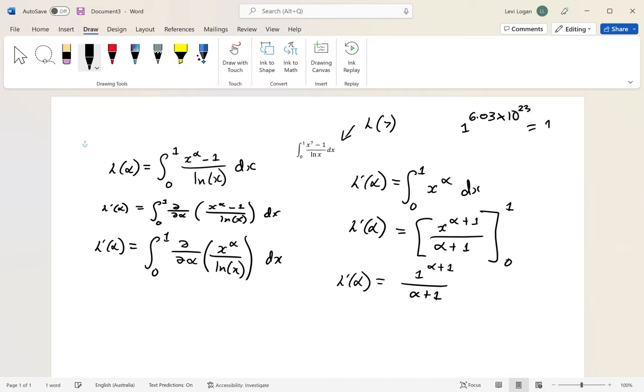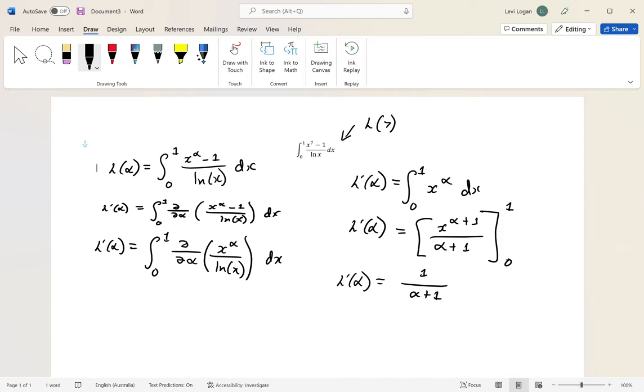No matter what number is up here, if 1 is its base, it will always be equal to 1. So using that little trick, we can simplify the top of the fraction and just say it's equal to 1. So we're just going to rewrite that now. So we have L dash of alpha equals 1 over alpha plus 1.